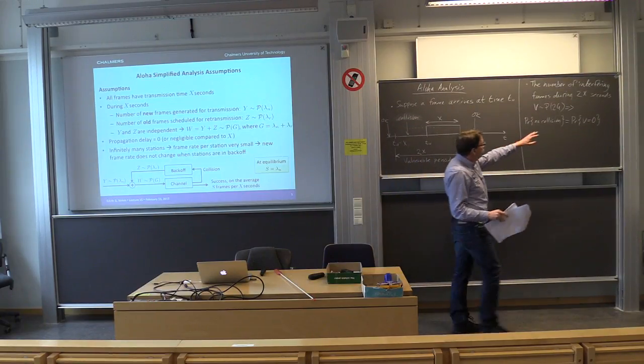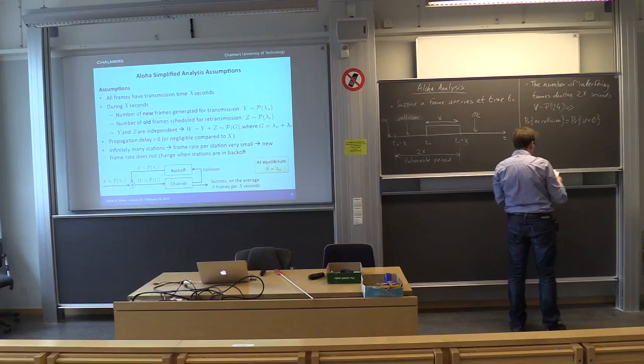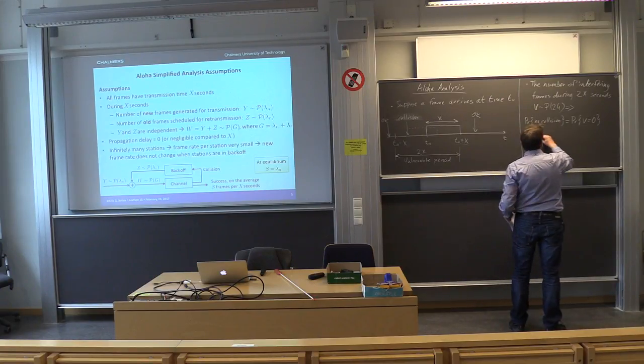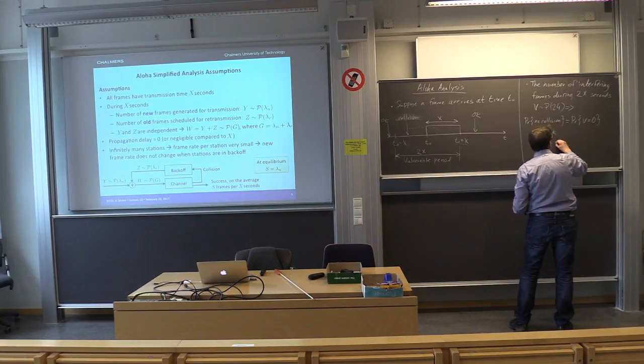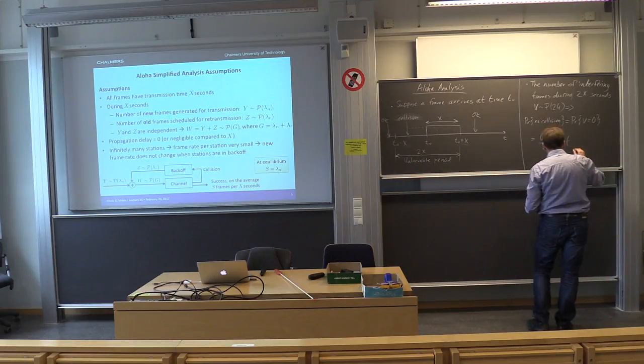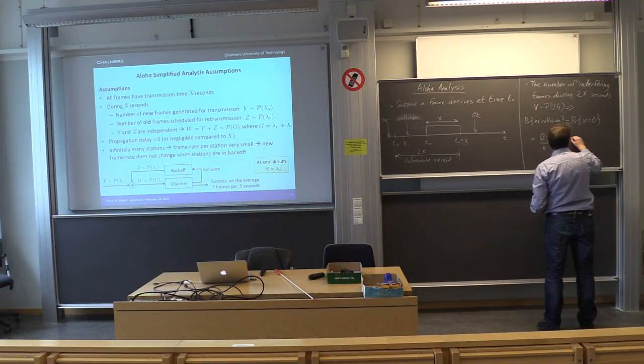And since v is Poisson distributed, this is (2G)^k divided by k factorial times the exponential of minus 2G.